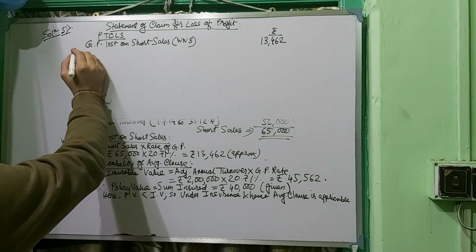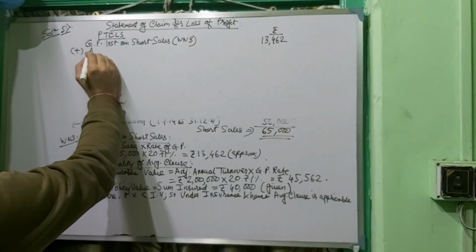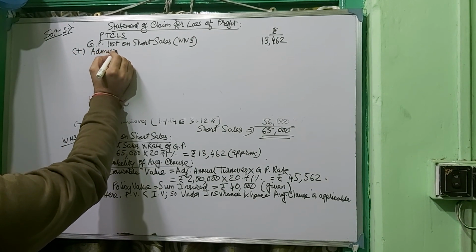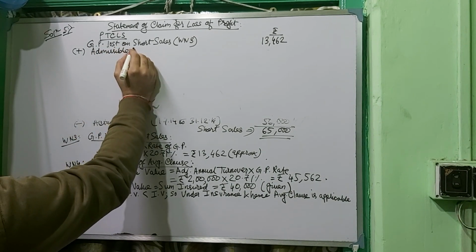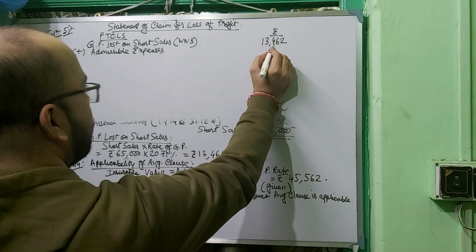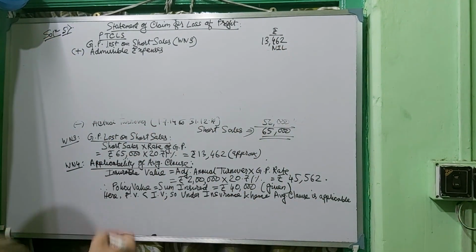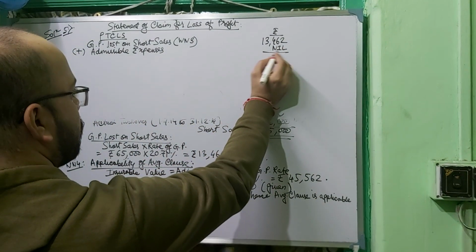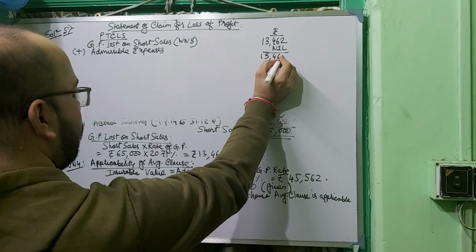Is there any admissible expenses? If admissible expenses are there, then we should add. Otherwise, we cannot add. Nil, no admissible expenses, so the amount remains the same.